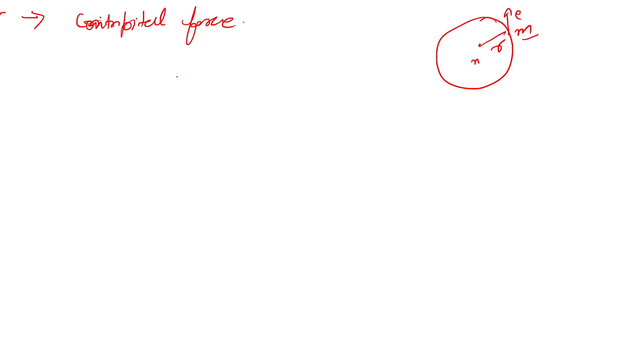Centripetal force is the force required by the electron to revolve around the nucleus. This is the force required by any body moving in a circular motion. What is that? F is equal to m r omega square, where r is the radius of the orbit in which it is moving and omega is the angular velocity, okay. So this is the force when there is no magnetic field.